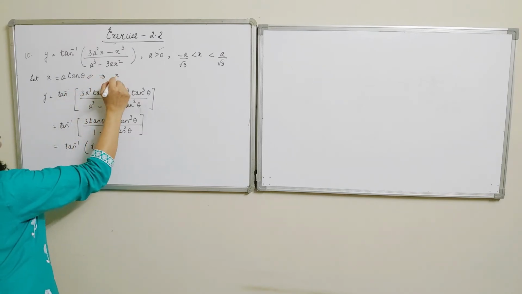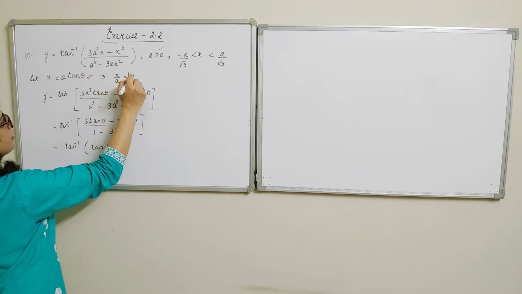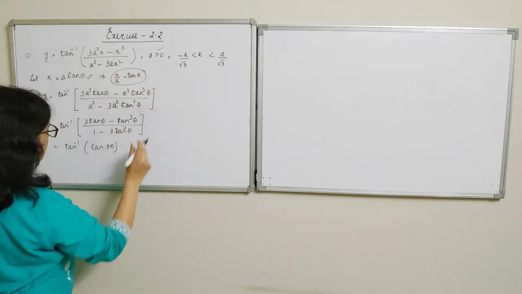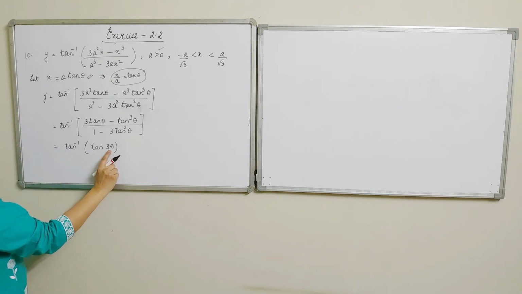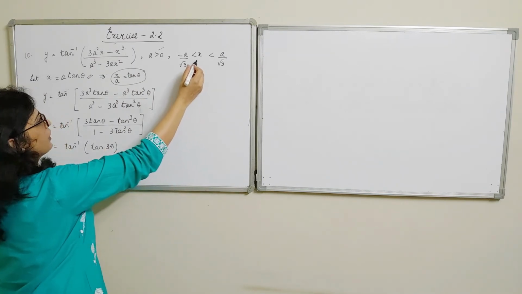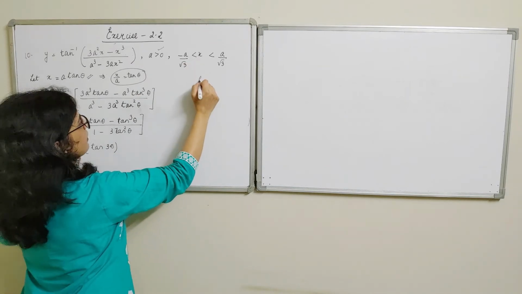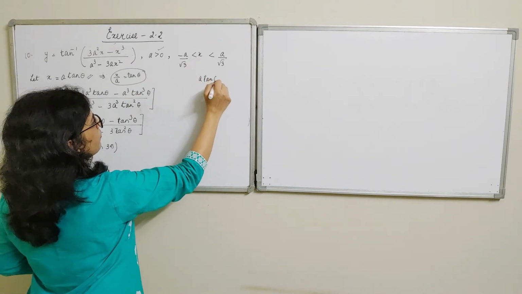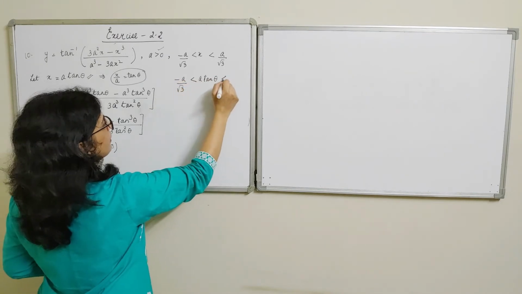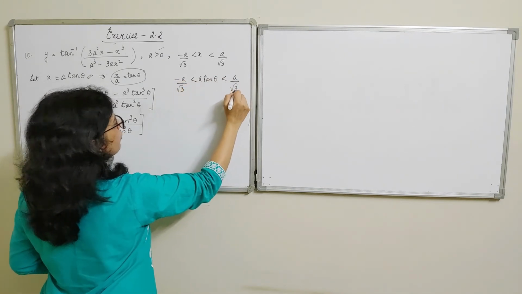If you simplify further, you get x upon a is tan theta, and from here we can easily find out theta. So now we'll check whether this angle belongs to the principal branch or a subset of it. So from here, x we are substituting as a tan theta, greater than minus a by root 3 and less than a by root 3.